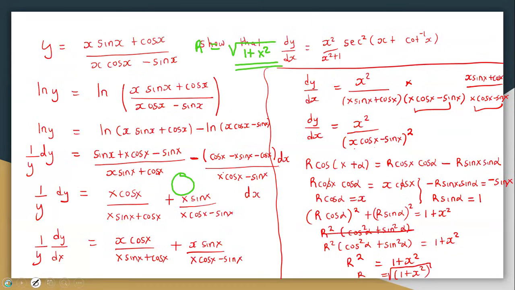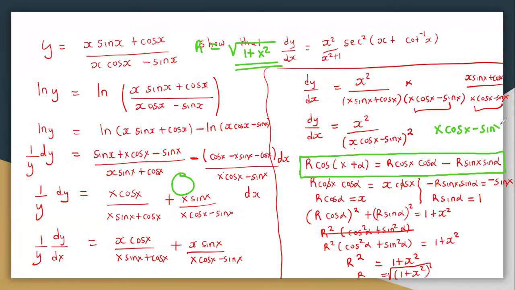Now, Master, how did we get this r cos x? Now, this one is an identity we have picked from the R formula. You remember your R formula from your trigonometry? So you have to go back to your trigonometry. That's where I'm picking this.